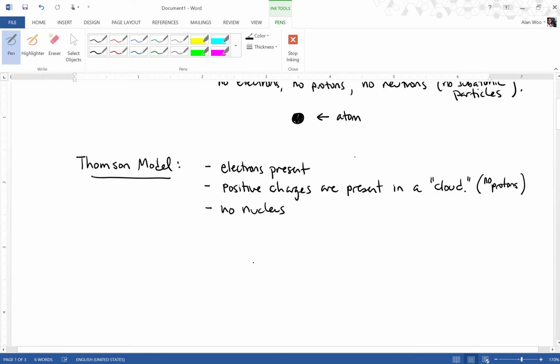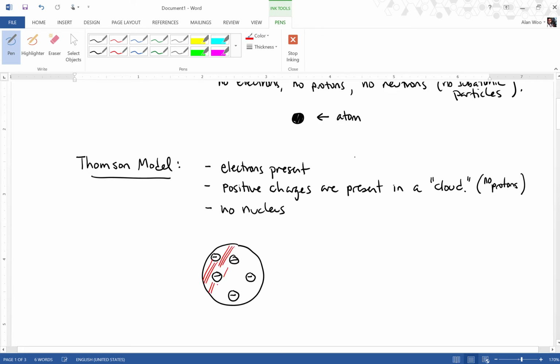But what was kind of odd about this particular model, okay, is that when you looked at it, it's still spherical, okay, and you still have electrons in this atom, but the electrons were embedded in a jelly-like substance.